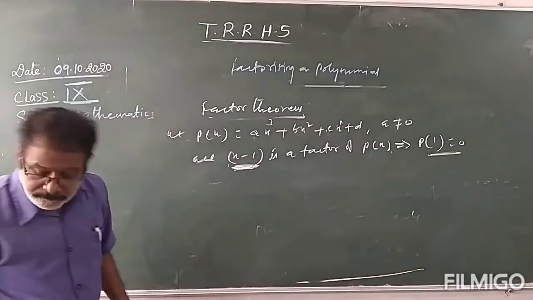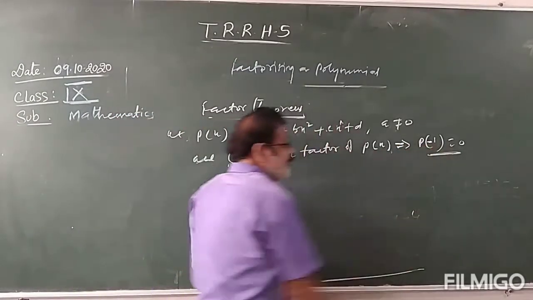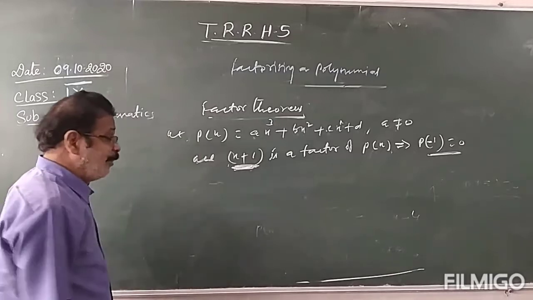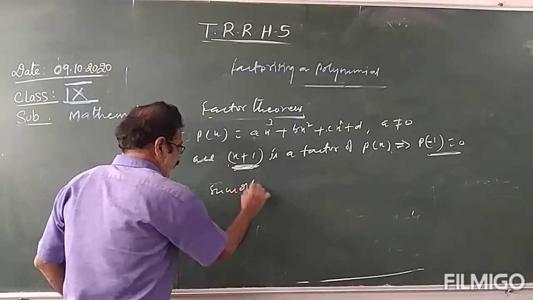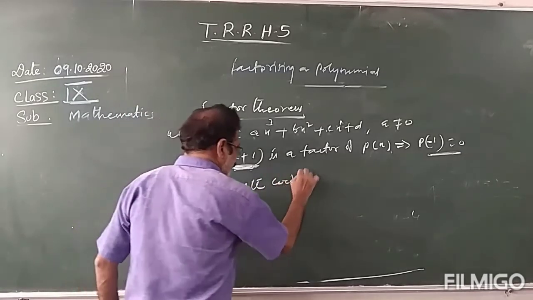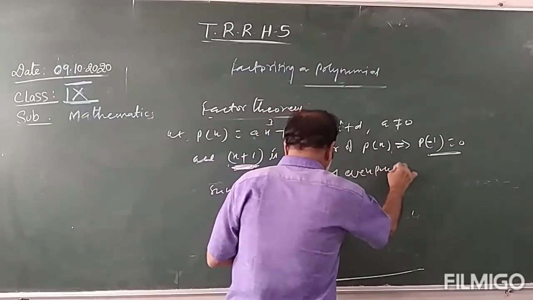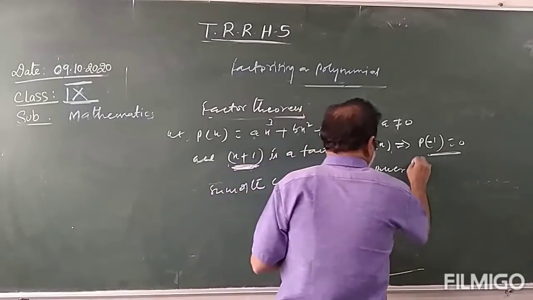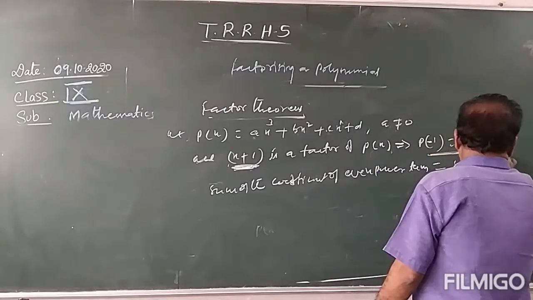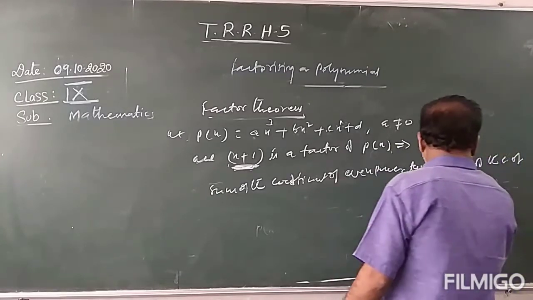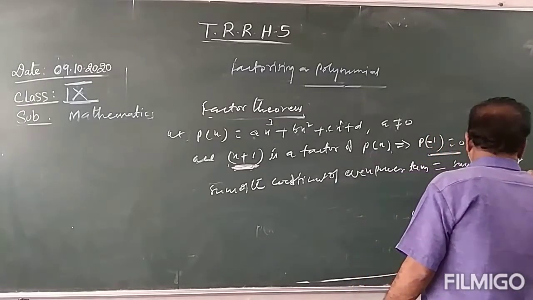Second, x plus 1 is a factor of p of x when p of minus 1 equals 0. Here, the sum of the coefficients of even power terms is equal to the sum of the coefficients of odd power terms.